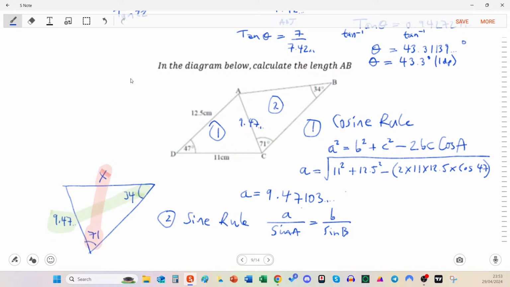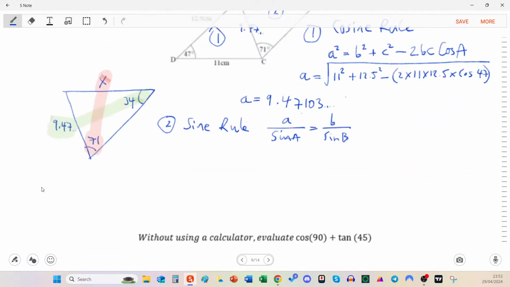It doesn't matter how you label this, really. As long as you're thinking about it in terms of pairs, it doesn't matter which one's A, which one's B. But if you're really worried about it, then make that one A, make that one B, and you can see that it's just the pairs that go together.